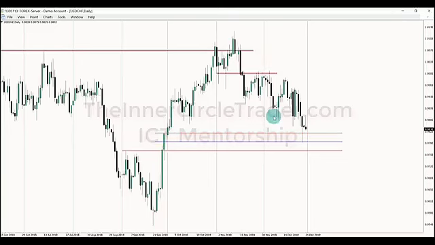We have internal range liquidity as an entry here, external range liquidity as an entry here. Okay. Each one of these vertical lines is a full month. Every one of these bars is an individual day.